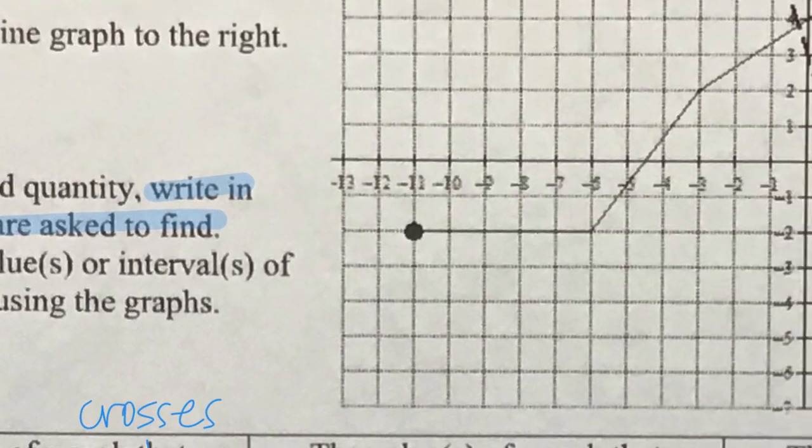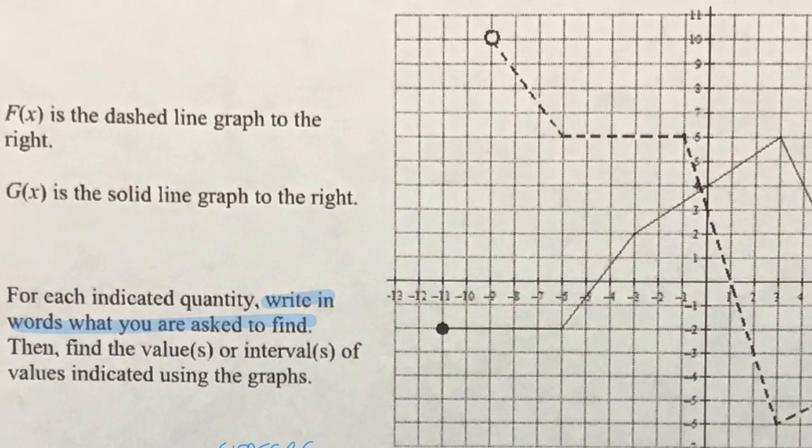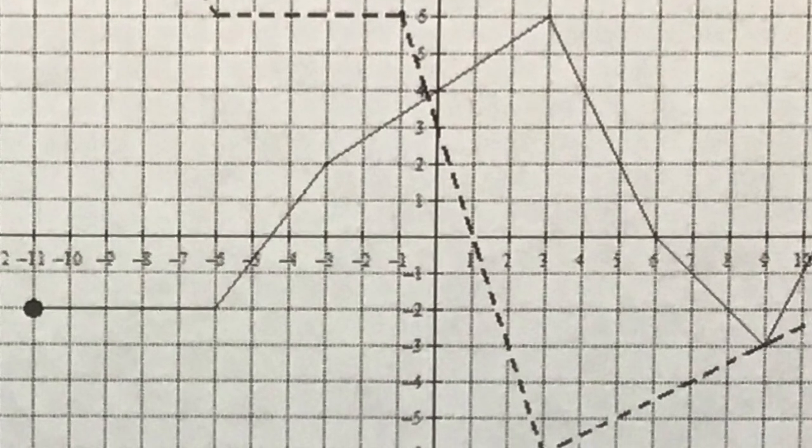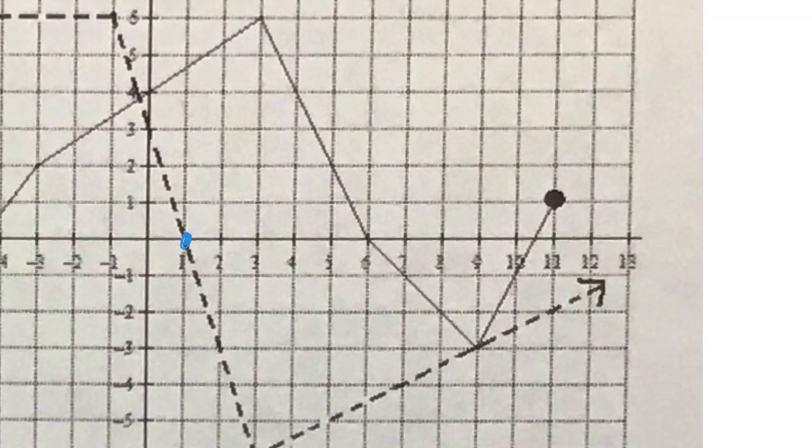So let's look and see. F is the dashed line, it says. F is dashed. So it crosses the x-axis at +1. And anywhere else? Right, if we could continue on with the graph here, it would again cross at 15, right?